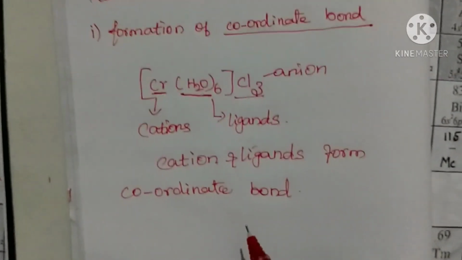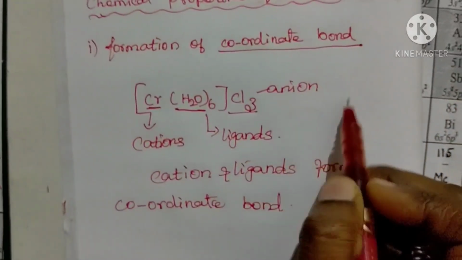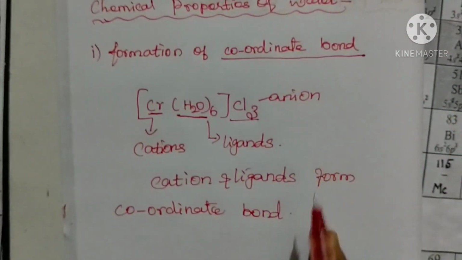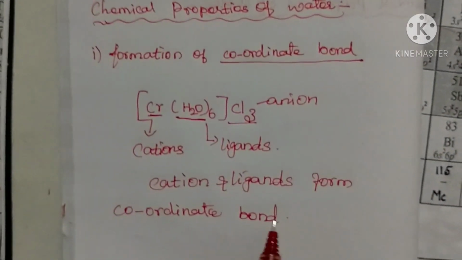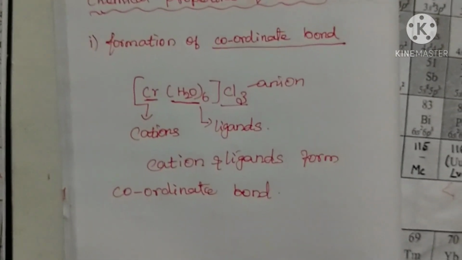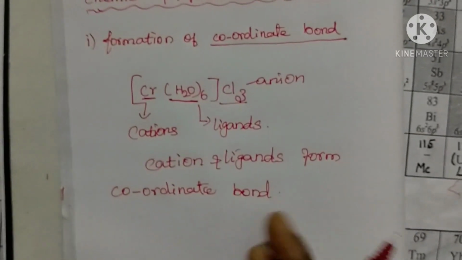If they form the coordinate bond between cation and ligands, that compound is known as a coordinate compound. Coordinate compound. So there is another example for explaining the coordinate bond or the interstitial position of the crystal, the interstitial position of the compound.